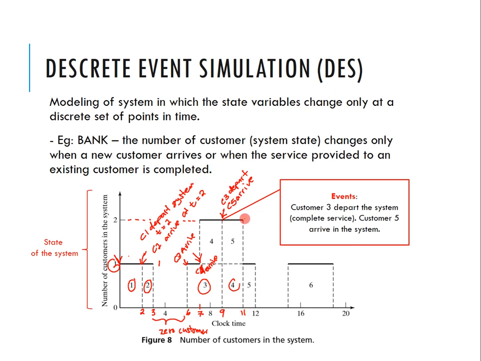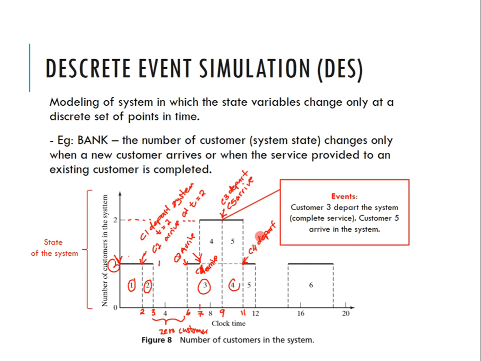From 2 customers in the system, it drops to 1 customer. So this is when customer 4 departs the system. Customer 4 already received the service and exited the system, but customer 5 still remains in the system, and so on.